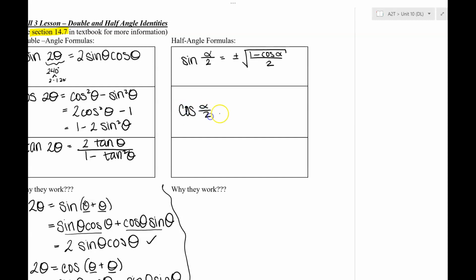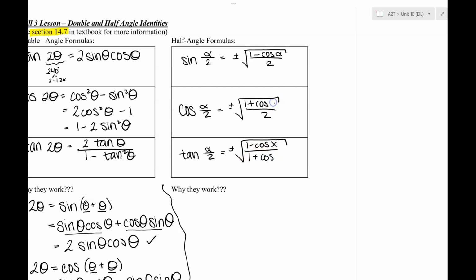Cosine half angle, so alpha over 2, is going to be equal to plus or minus the square root of 1 plus cosine alpha all over 2. And then tangent of our half angle is again plus or minus the square root of 1 minus cosine of alpha over 1 plus cosine alpha.